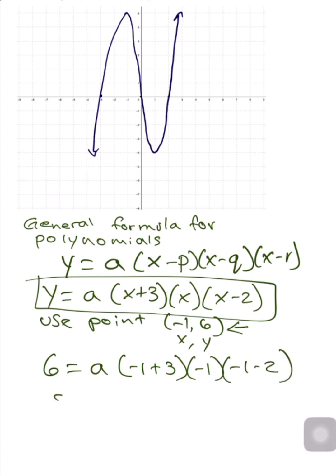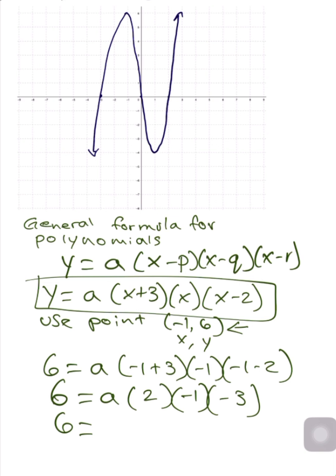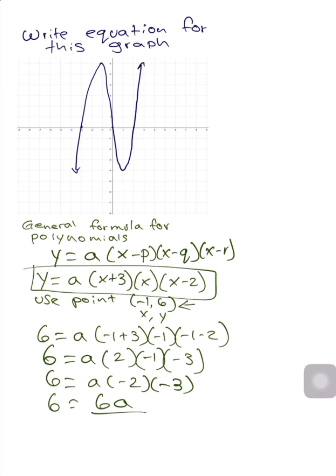So you end up with -1 plus 3 is 2 times -1. -1 minus 2 is -3. So you end up with 2 times -1 is -2 times the -3 is going to be 6a. Now, if you solve for a, you're going to divide both sides by 6. So you get 1 equals a. So now you solve for a, so plug it back into the equation, and then you've finished this problem and you've solved the right equation for the graph.